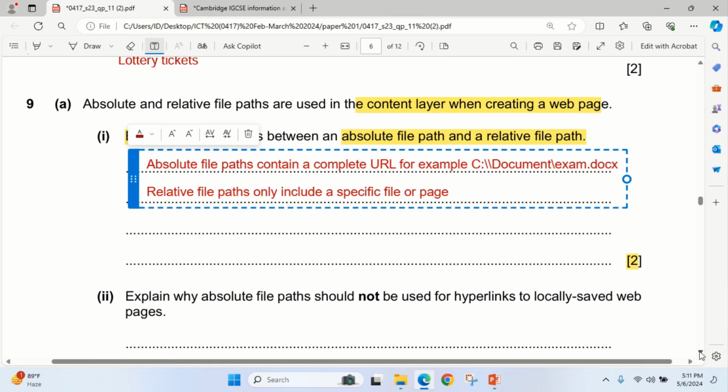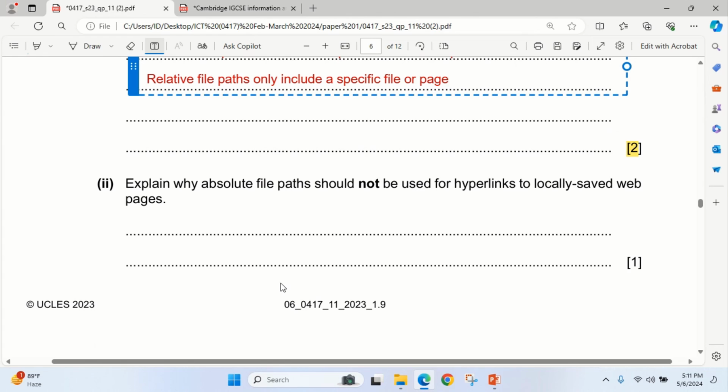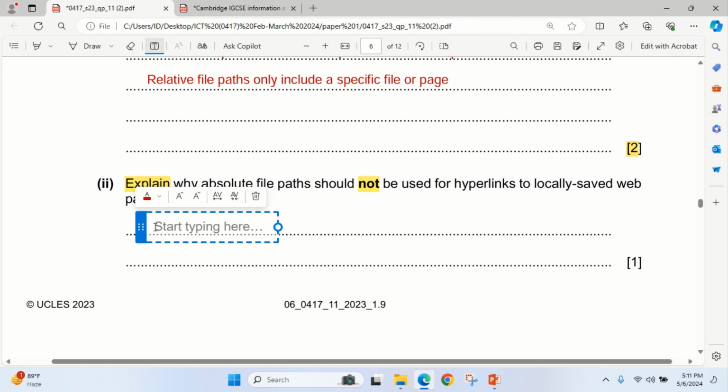Then the next one is question 9a. Explain why absolute file paths should not be used for hyperlinks to locally saved web pages. You can see that explain is the command word. It's very simple, because if you do that, the hyperlinks will not work.